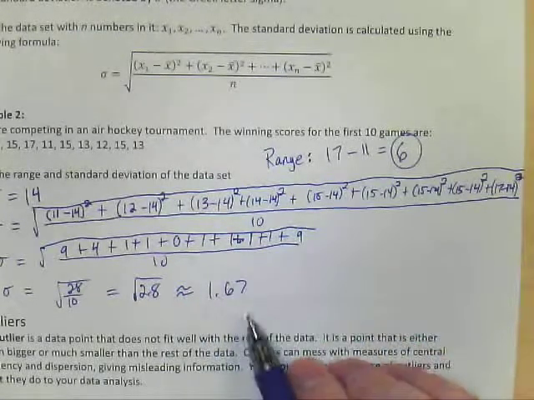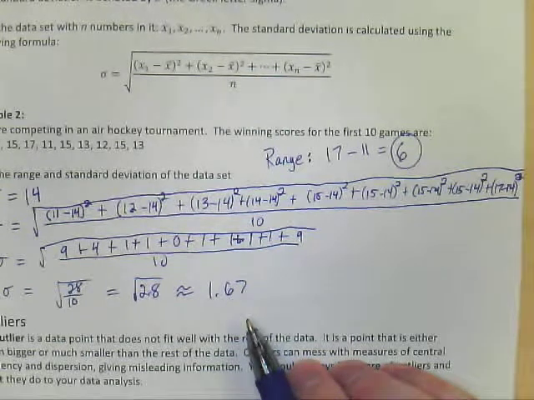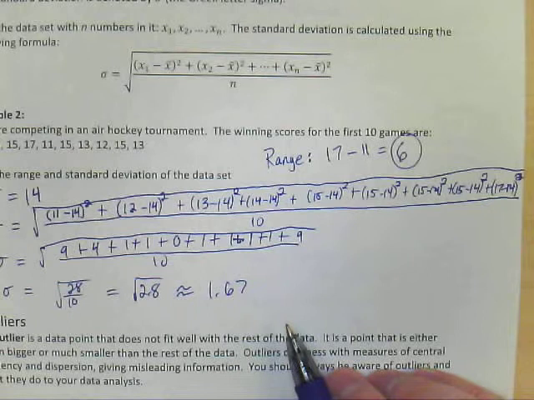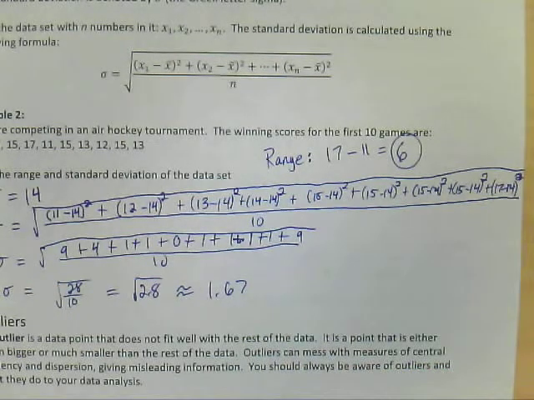Multiply this by 2, we get about 3.35. So if you go 3.35 to the left of the average and 3.35 to the right of the average, that would cover about 95% of the data points. And if you go 3 standard deviations, that's about 5.02. I think it's like 99.7% or something. Almost all of the data fits within 3 standard deviations away from the mean.